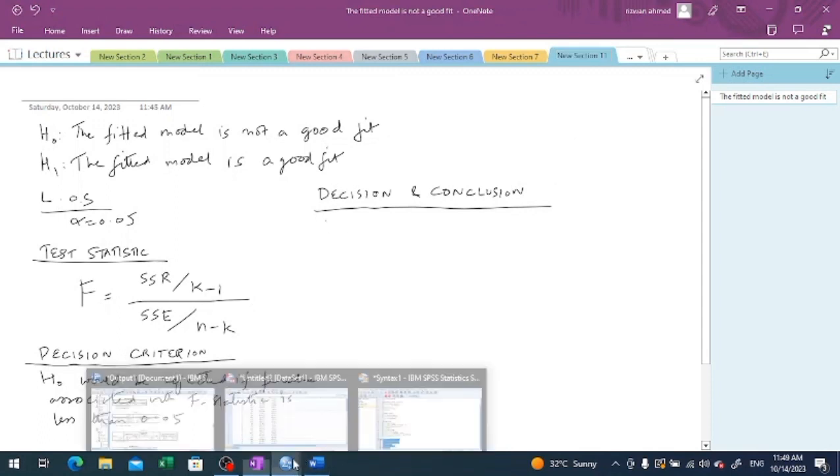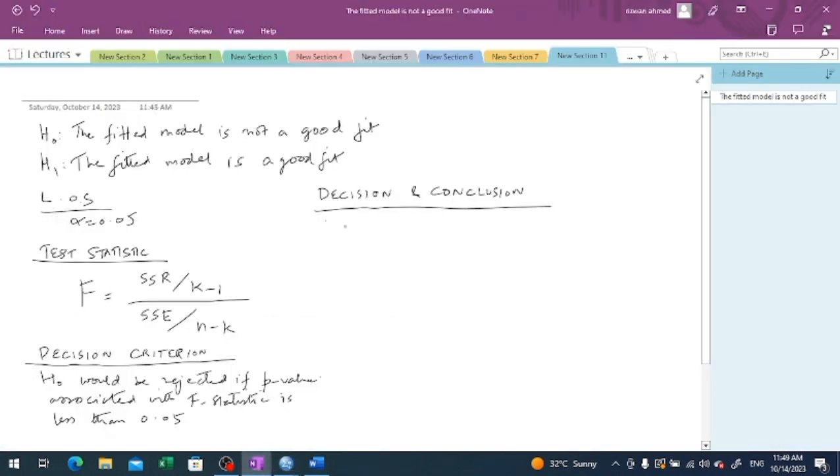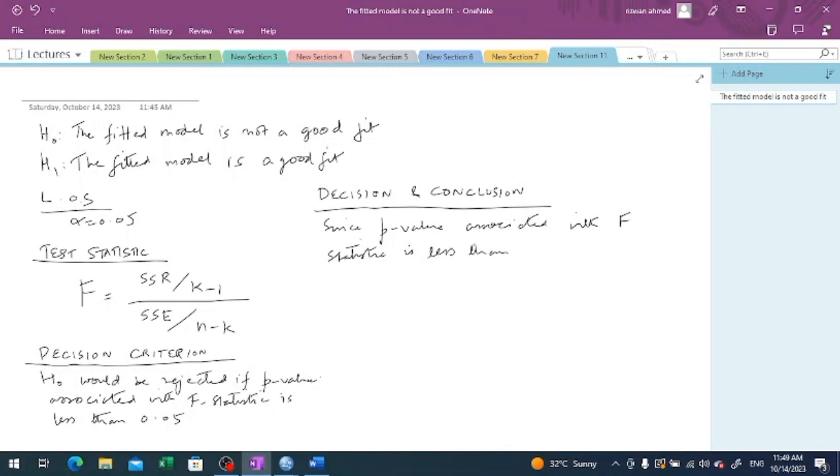Look at the significance associated with F statistic in ANOVA table is 0.000 because F value is very large. Since p value associated with F statistic is less than 0.05.